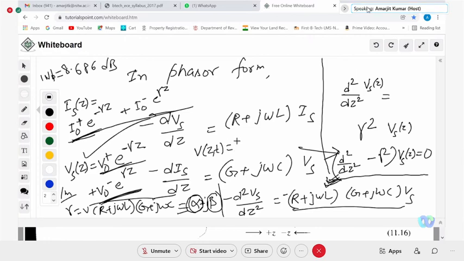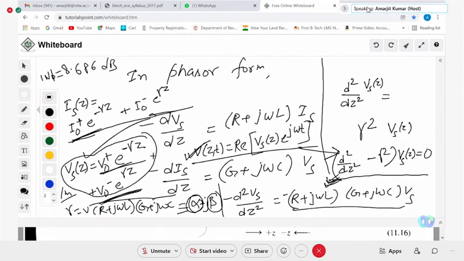V(z,t) is equal to the real part of VS(z) into e to the power j omega t. This is what you had done. So now you calculate VS(z), and this VS(z) you put here, and you will get V(z,t).